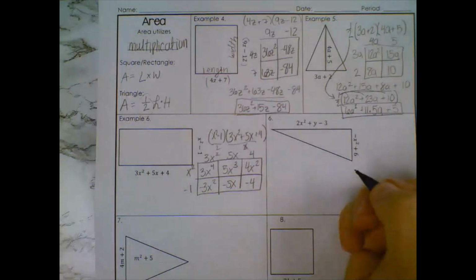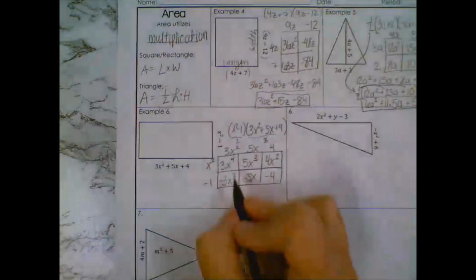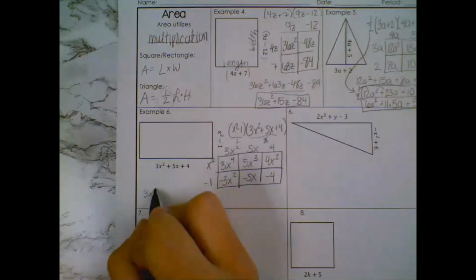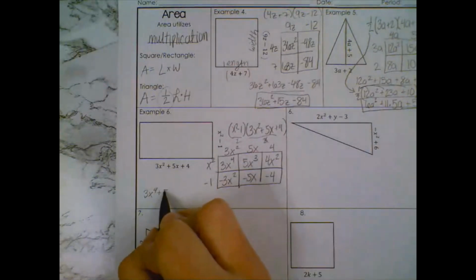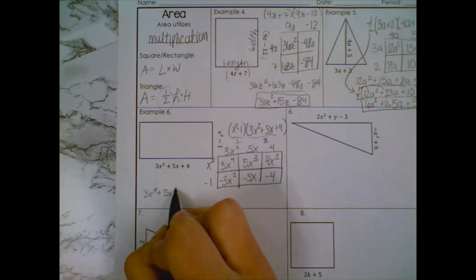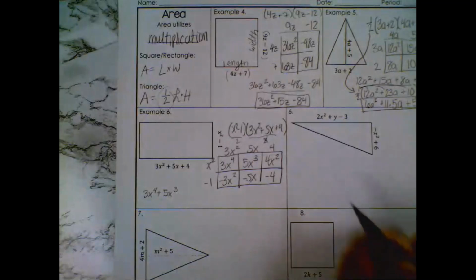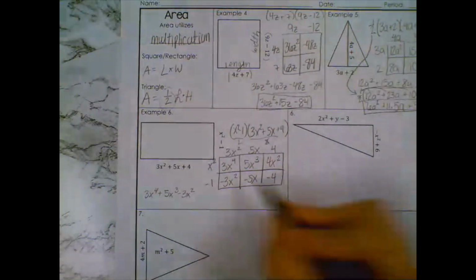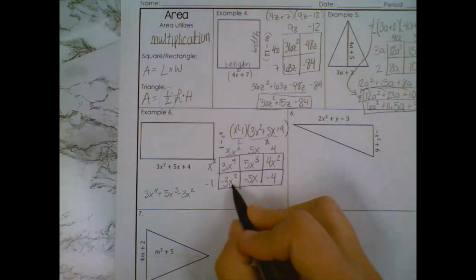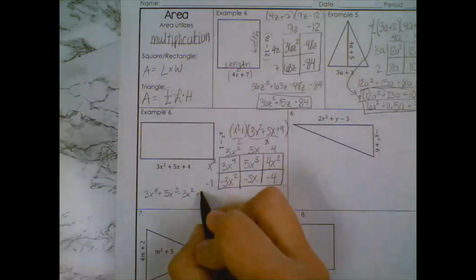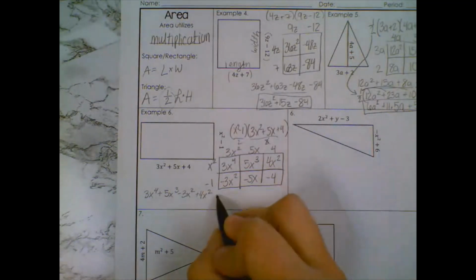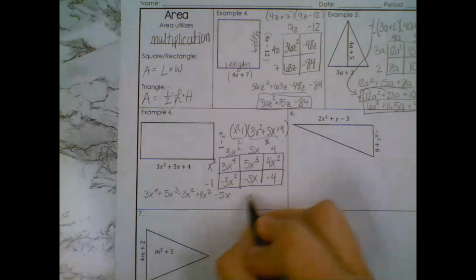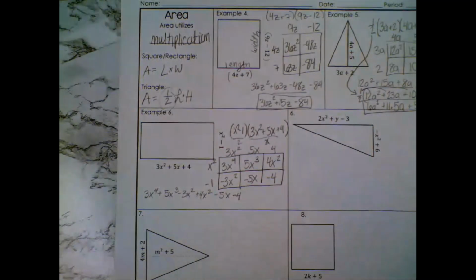So I'm going to pull this out into standard form, starting with the 4th. So 3x to the 4th plus 5x to the 3rd. Then we have minus 3x squared. Then we have a positive 4x squared. Then a minus 5x. Then a minus 4.